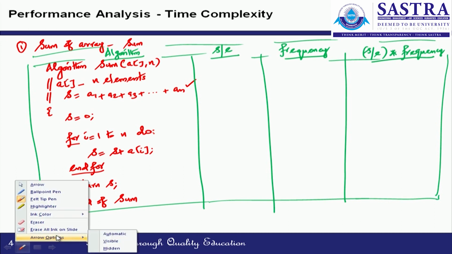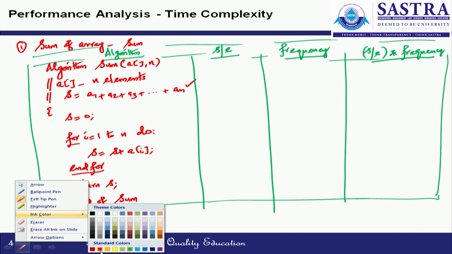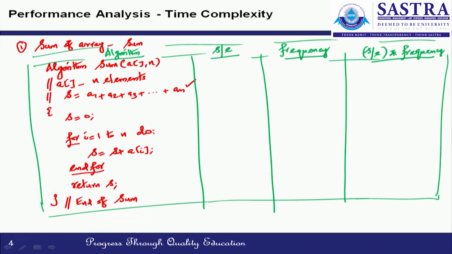Finding the step per execution, first, this is the name of the algorithm, this is not an executable statement, so simply put a hyphen. Second and third lines, these are comments, so simply put a hyphen. Opening curly brace, I put a hyphen or dash.